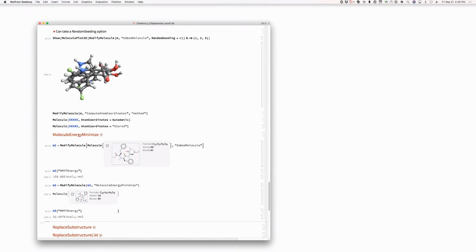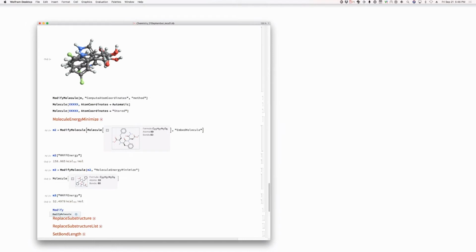What the heck? I mean, what would it be? What would be the right thing to say? It would be something like force field minimize, something to point out that it's using a force field. It is giving it a new set of coordinates. I know it is.